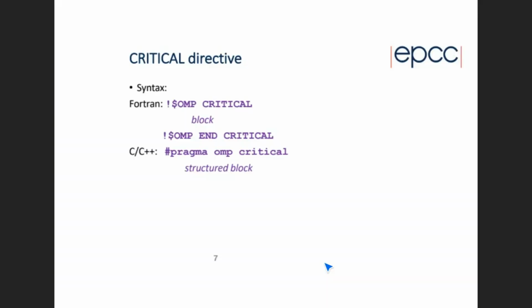Again, OpenMP is pretty predictable, you can guess what the syntax looks like. In Fortran, critical and end critical, enclosing a block of code. In C++, hash OMP critical with a structured block.